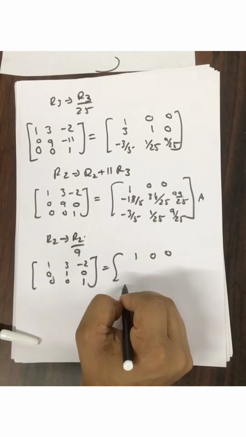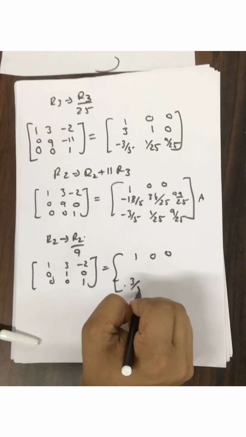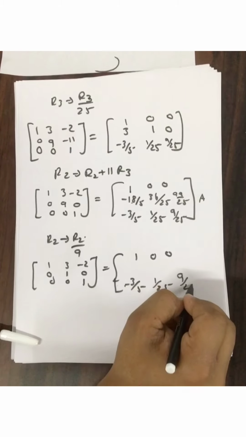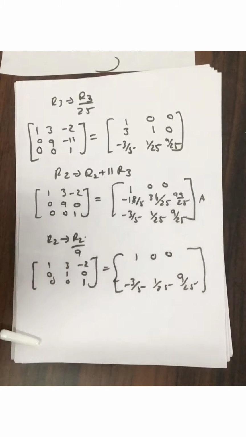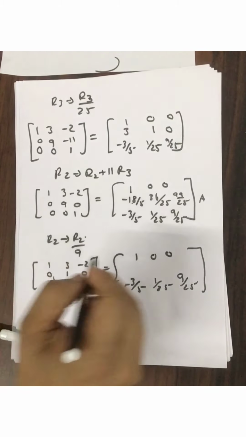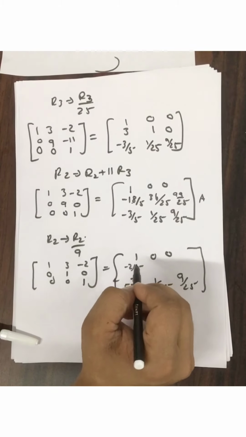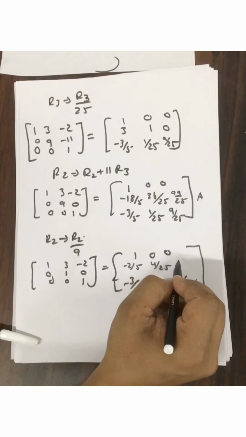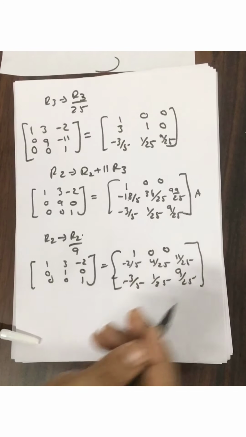This will remain like this, so I'll extend minus 3 by 5, 1 by 25 and 9 by 25, this will remain as it is, so this will become minus 2 by 5 and this will become 4 by 25 and 11 by 25, correct?